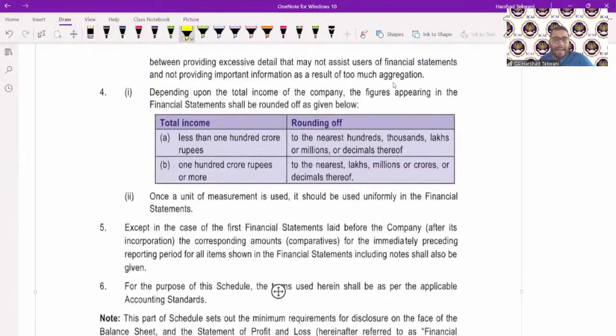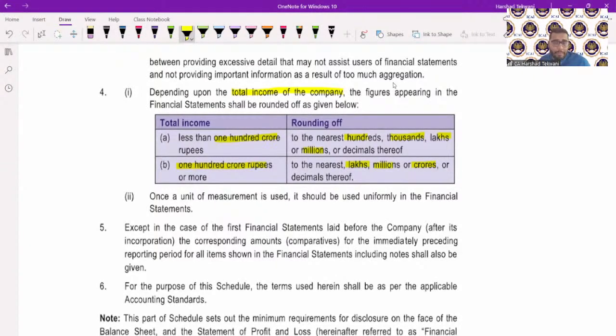Schedule 3 says that depending upon the total income of the company, if it is less than 100 crore total income, then you can round off to the hundreds, thousands, lakhs, or millions or decimals. If it is more than 100 crore, then you can round off to the lakhs, millions, crores, or decimal thereof. You need to provide the rounding off in that way.